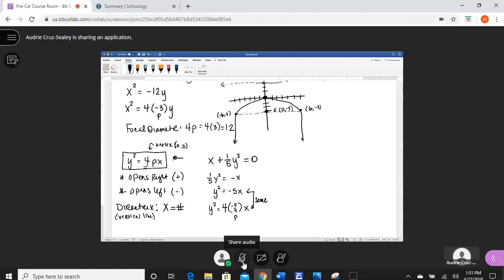All right, so now I'm going to come over here and sketch a picture. My vertex is at 0, 0. Your p is -5/4. So -5/4 would be over here. Here's my focus. Not always, just right now with this form.